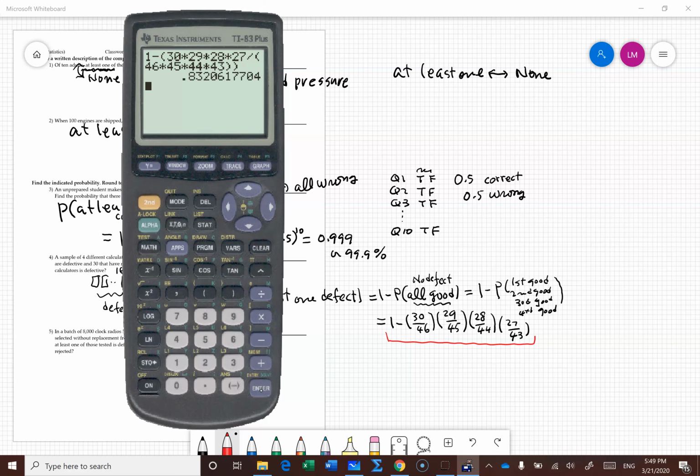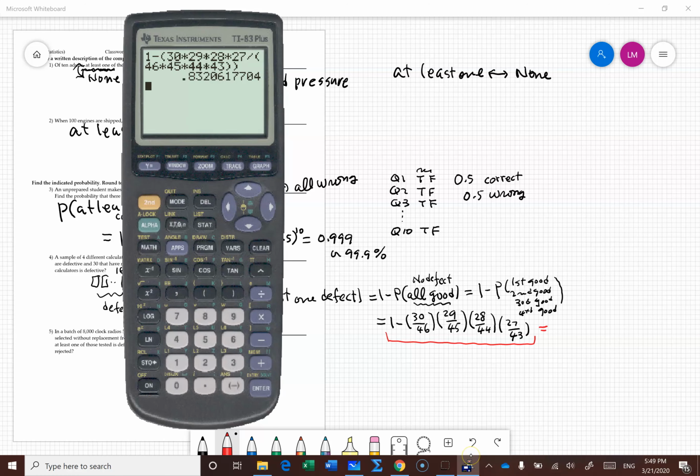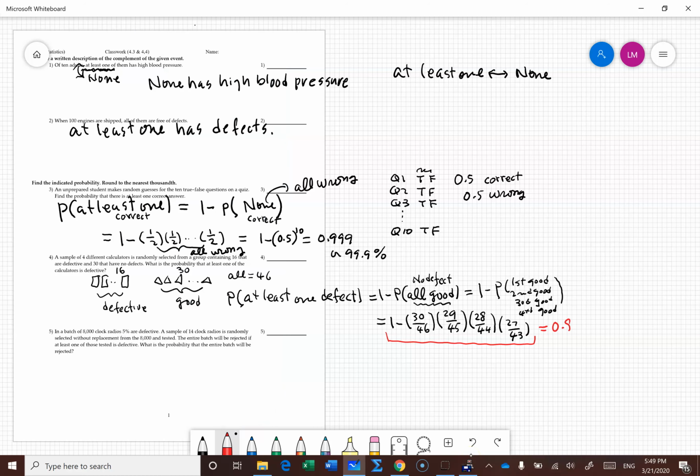If you do that, you're going to get 0.832. You have the answer in the back. So this is 0.832.